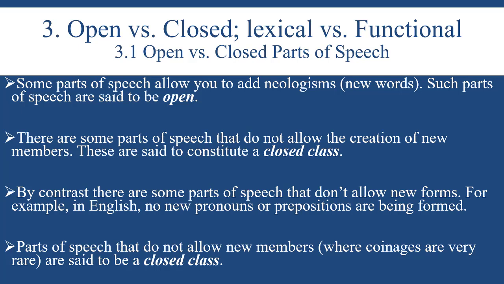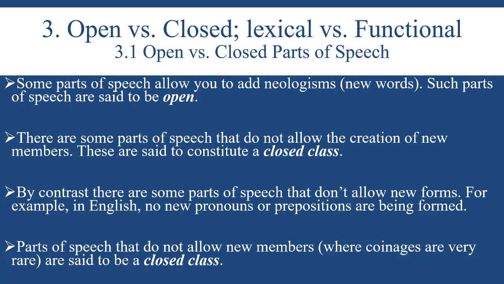There are some parts of speech that do not allow the creation of new members. These are said to constitute a closed class. By contrast, there are some parts of speech that do not allow new forms. For example, in English, no new pronouns or prepositions are being formed.